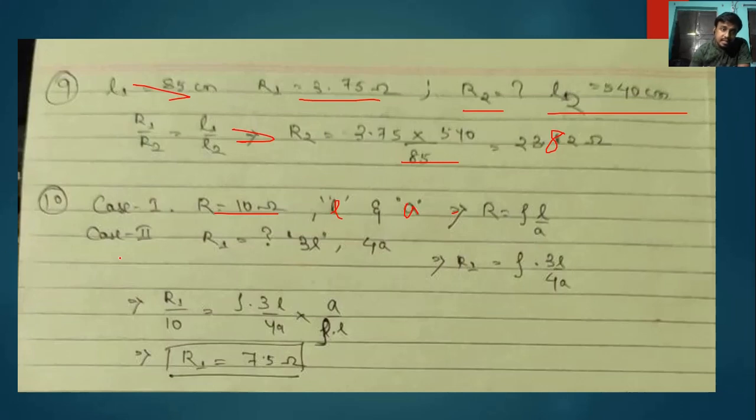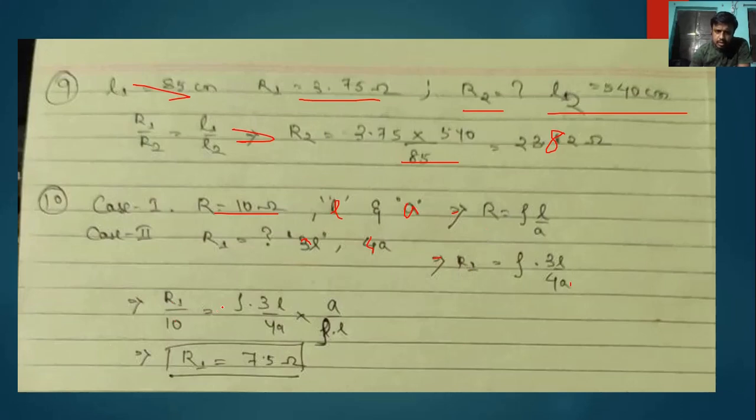In the second case, we have to find R1, and length would be 3L and area would be 4A. Then R1 is equal to rho into 3L by 4A. Now we take the ratio of R1 by R, as R is given as 10.